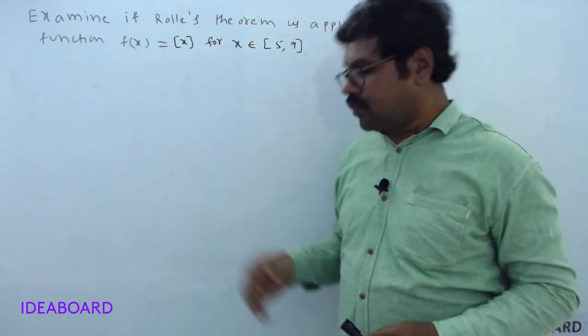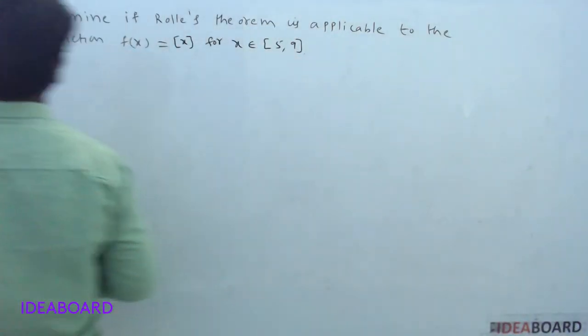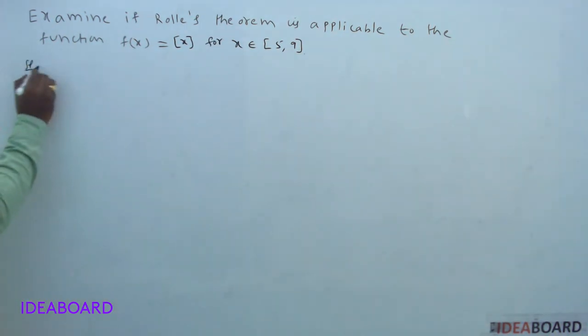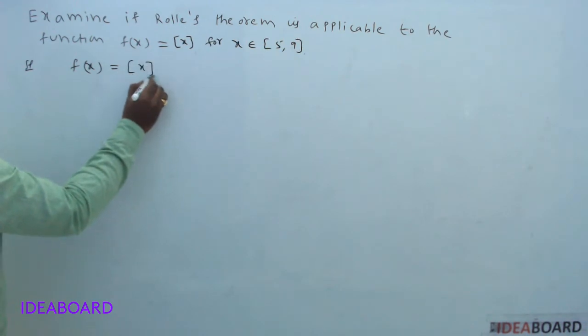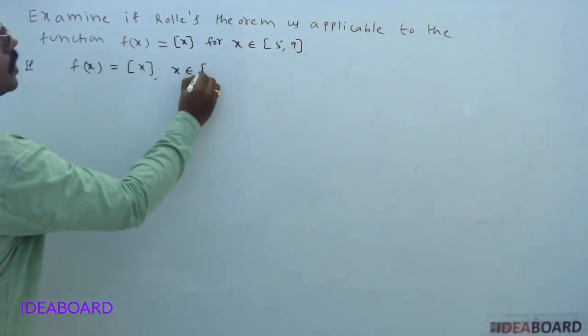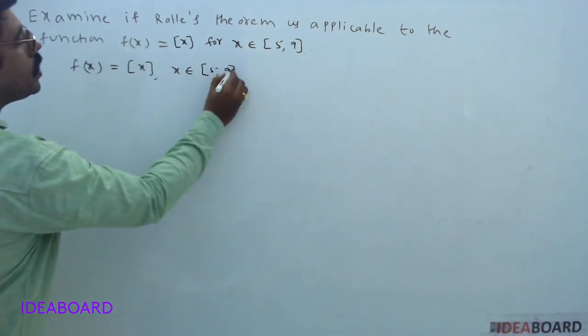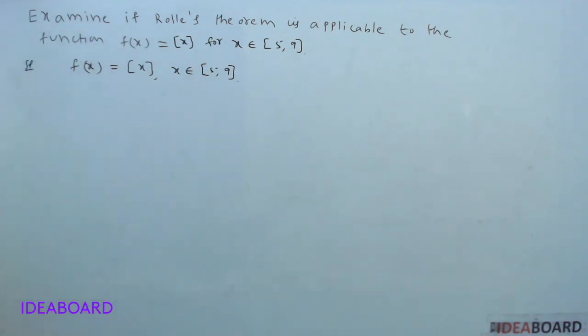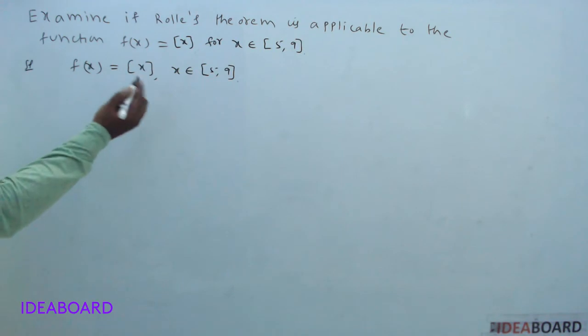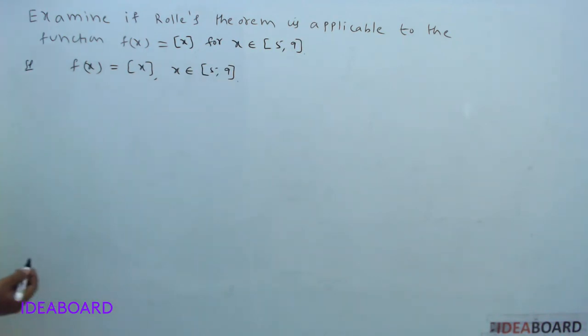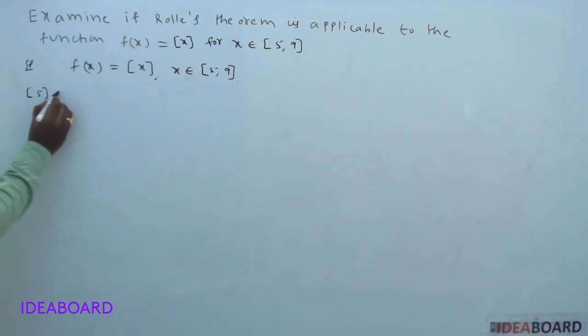Now come to the solution of our given problem. f of x equals step of x, corresponding interval closed 5 comma 9. I think you have some idea about this greatest integer function. Given interval is closed 5 comma 9. Now what is the value of step of 5?